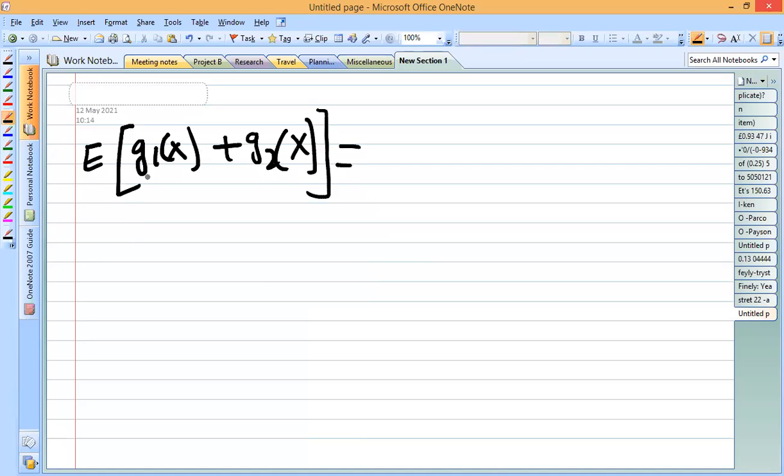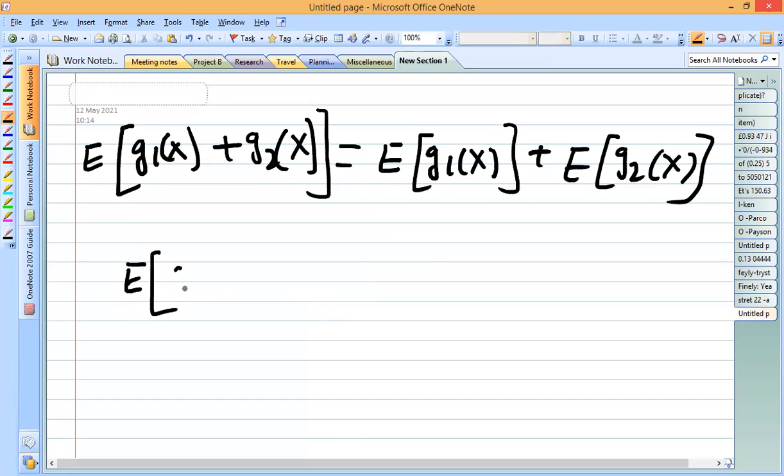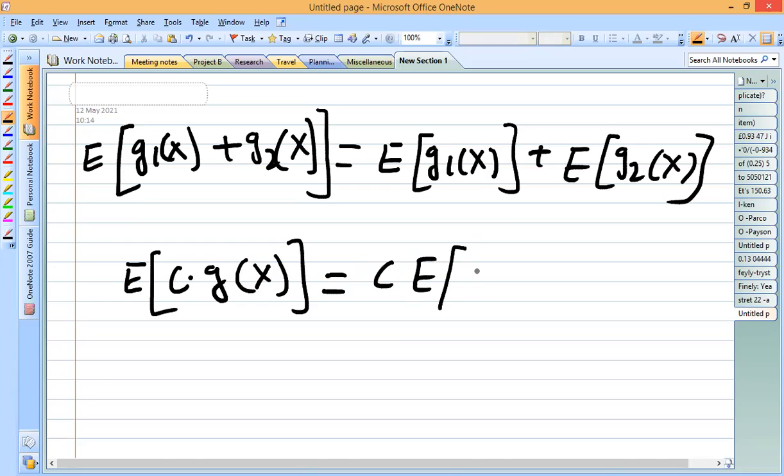Since it is a linear operator, it is independently expressed as expectation of g1 of x plus expectation of g2 of x. This property we have seen in the previous classes, and along with that we have also seen that the expectation of a constant multiplied with the function can be expressed as c into expectation of g of x.